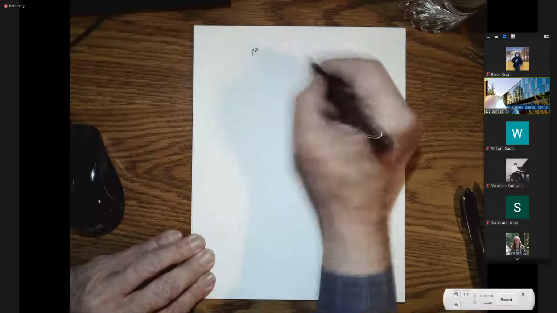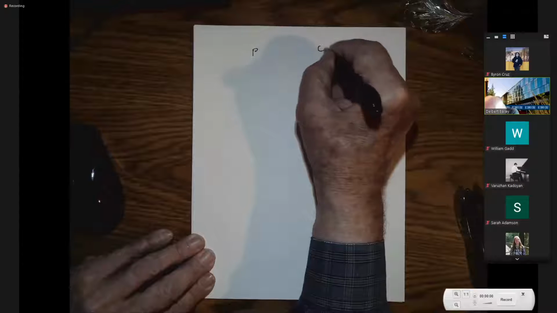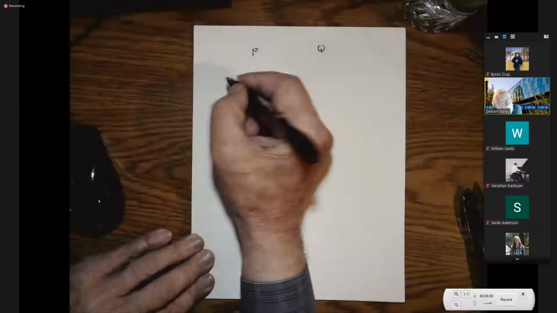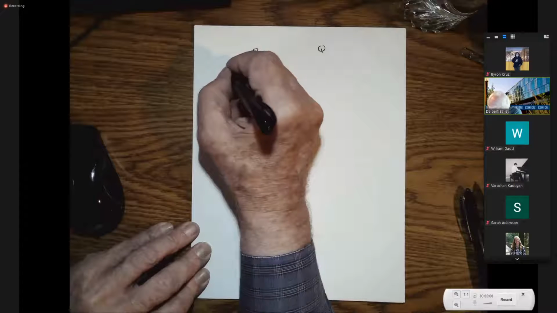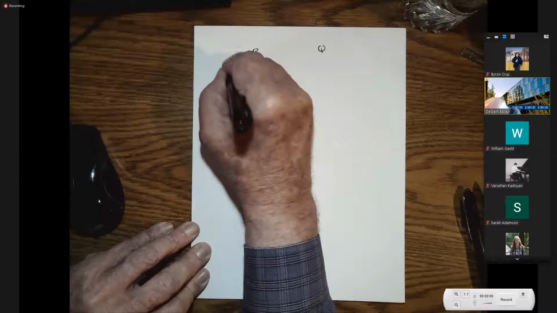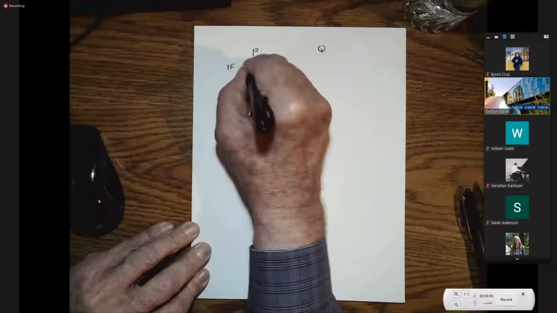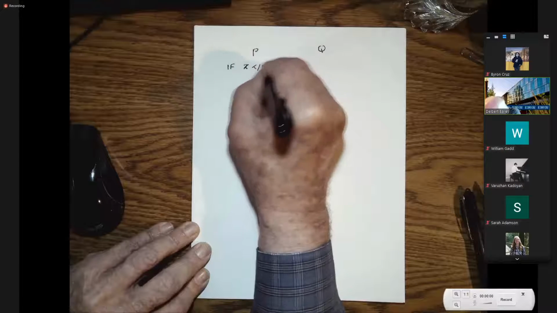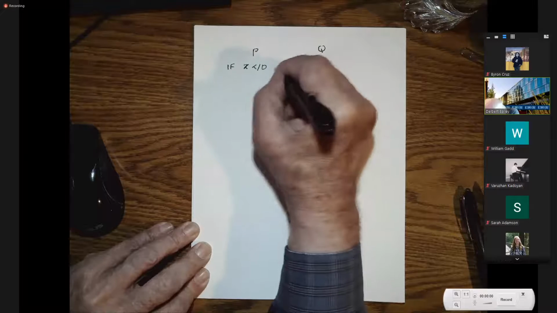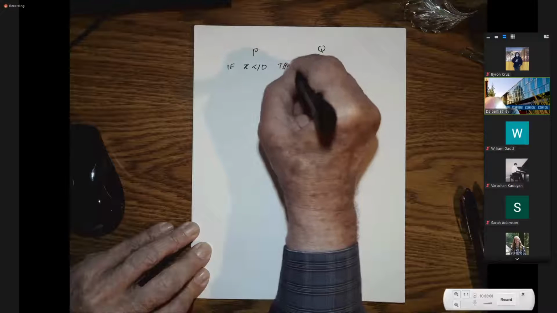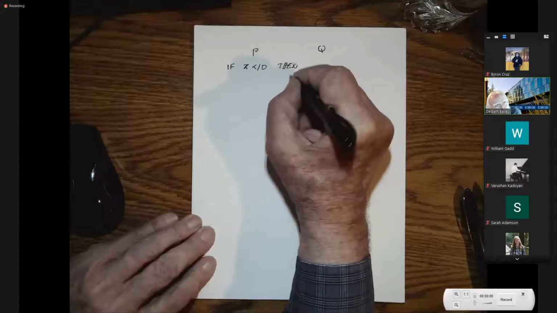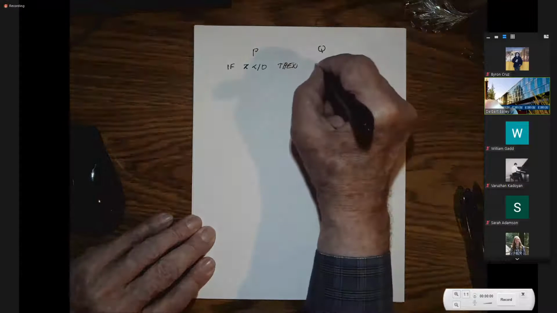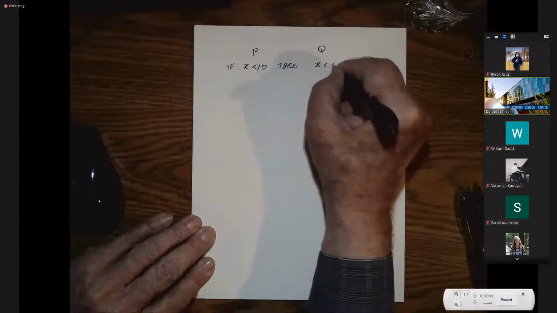But let's say we have two things here, and we want to say: if X is less than 10, then X is less than 100.